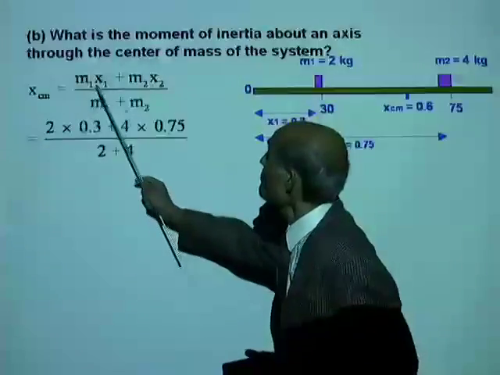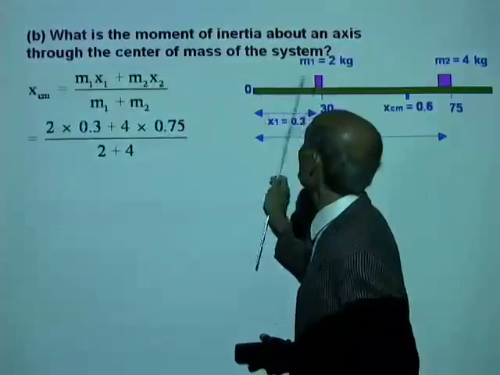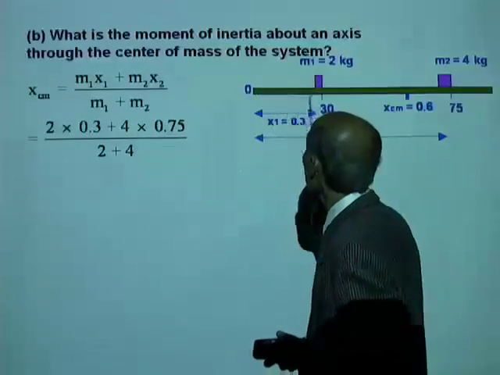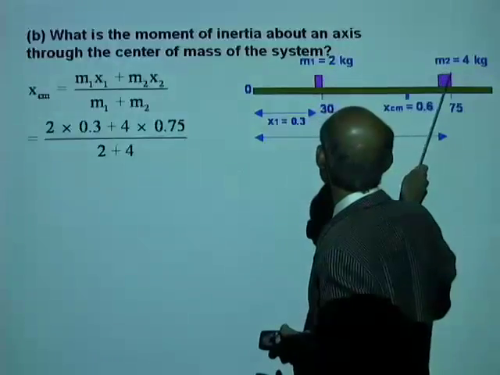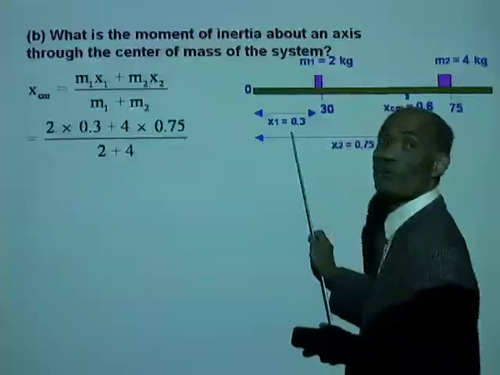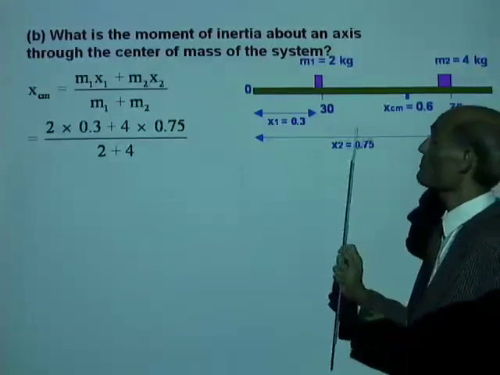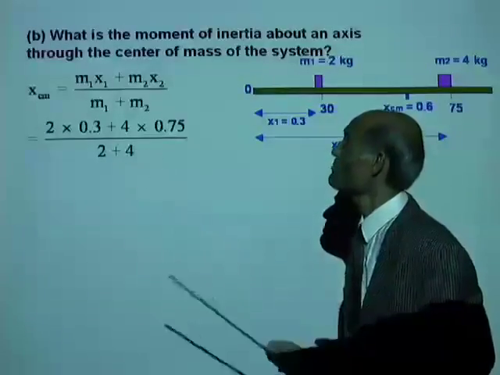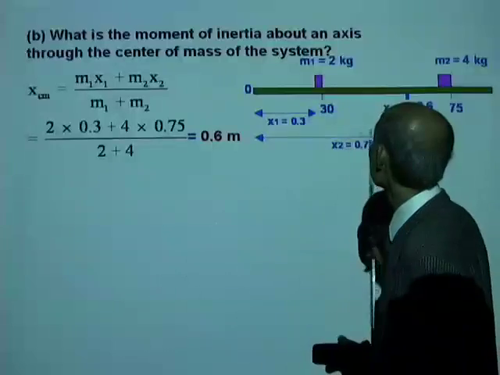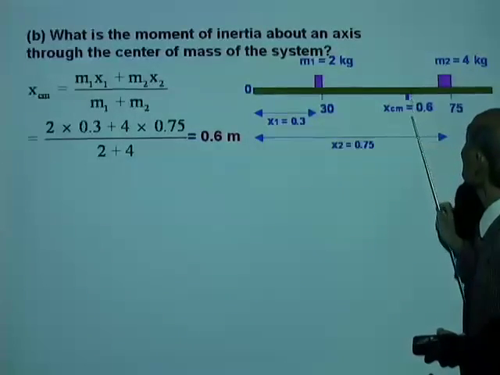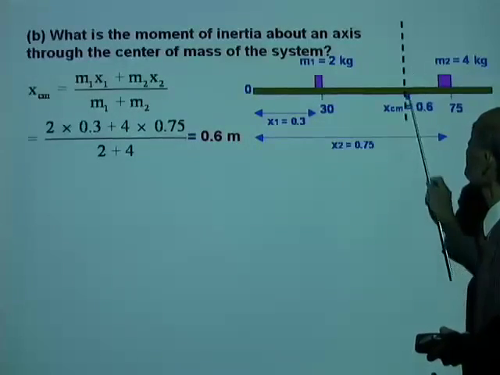Now, M1 is 2 kilogram, x1 is 0.3 meter, plus M2 x2 is 4 kilogram times 0.75 meter, divided by M1 plus M2, and that is 0.6 meter. So the center of mass is at 0.6 meter.